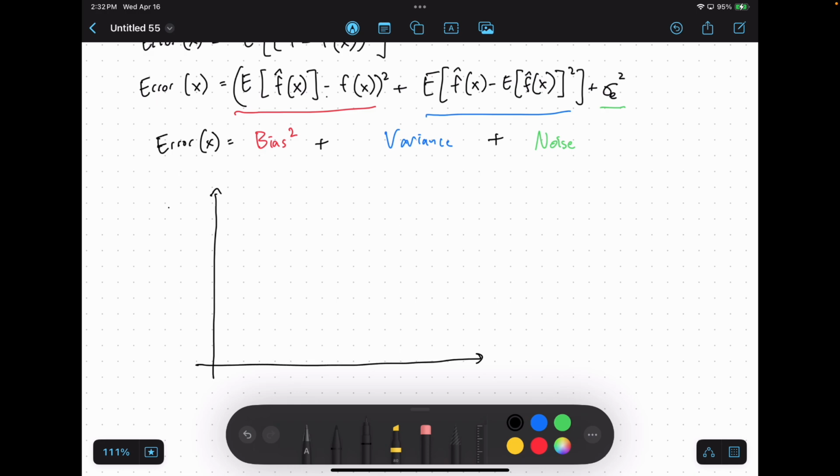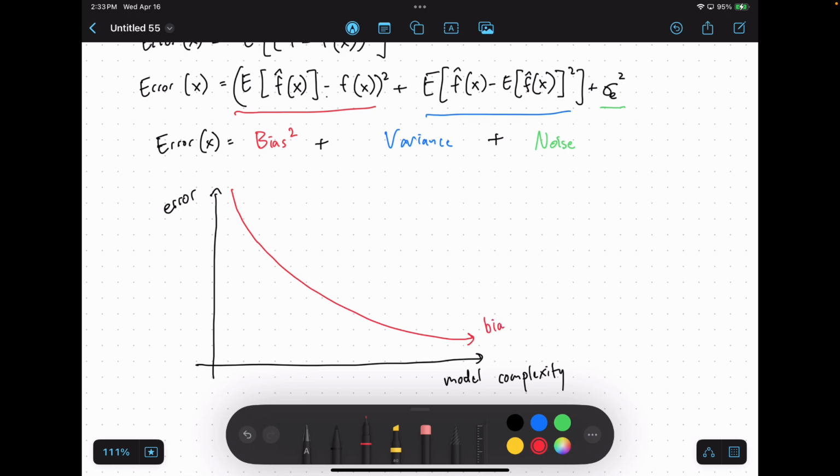So if our error is on the y-axis and the model complexity is on the x-axis, then bias decreases, right, as you have more and more model complexity.